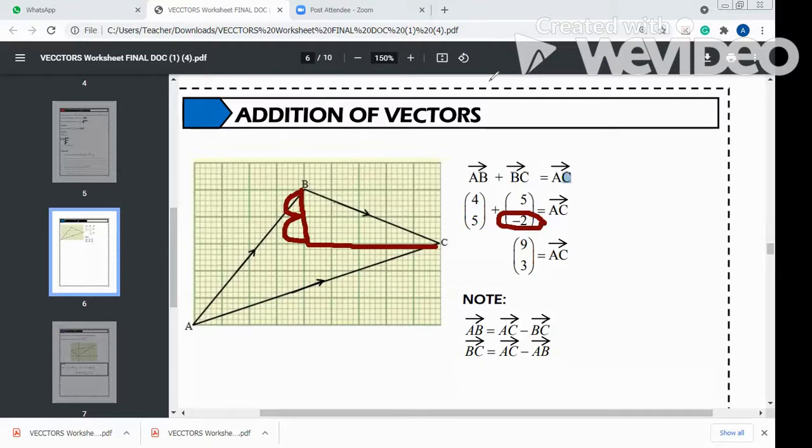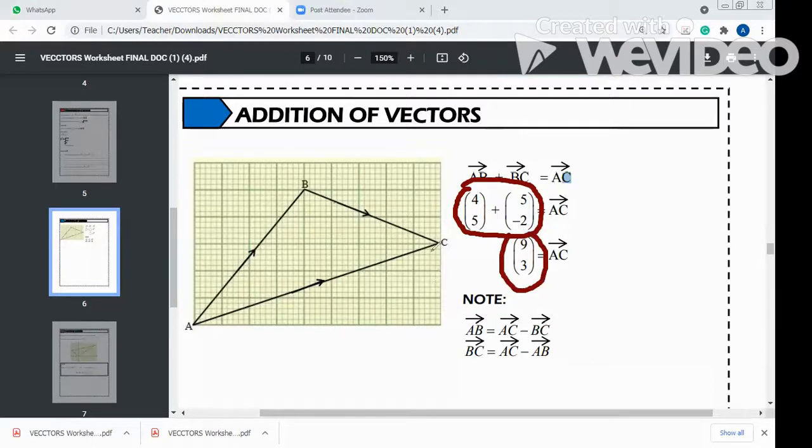So negative 2. And 5 units across. So vector BC is 5 across, negative 2. If you add 4 plus 5, you get 9. Add 5 plus negative 2, you get 3. So if you were to numerically add these two vectors, you get 9, 3.